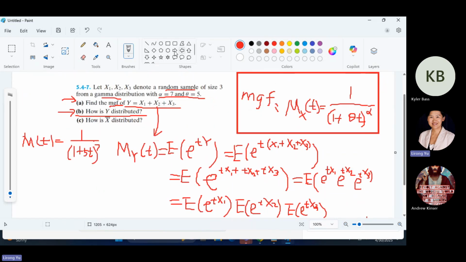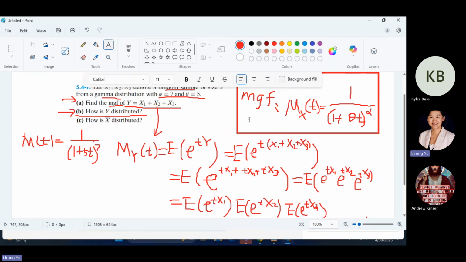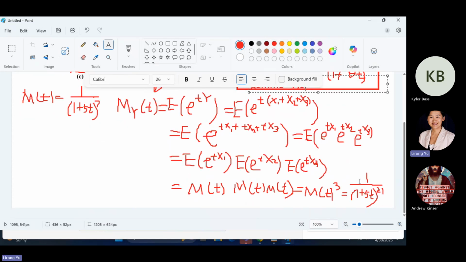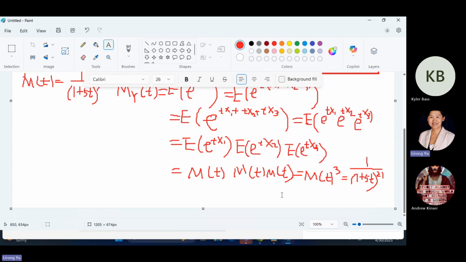This is the moment generating function for a gamma distribution with parameters alpha equal to 7, theta equal to 5 for each x. And here you see we still have the 5.